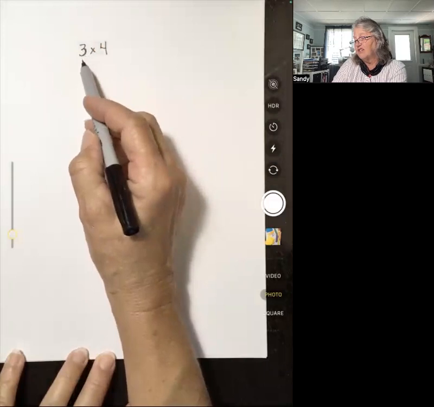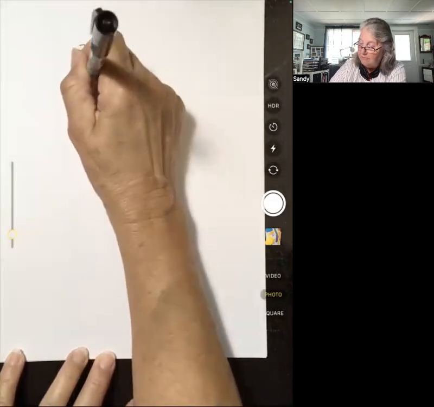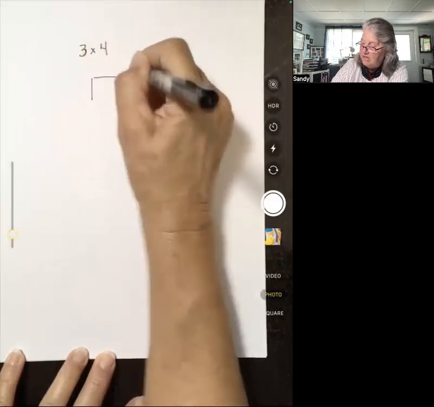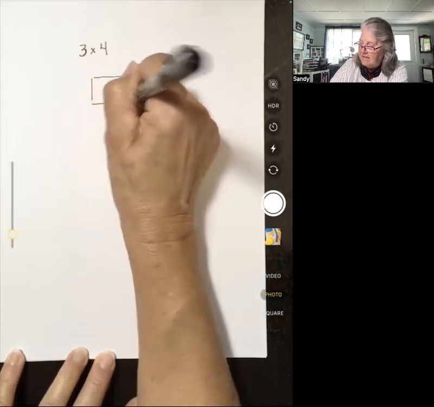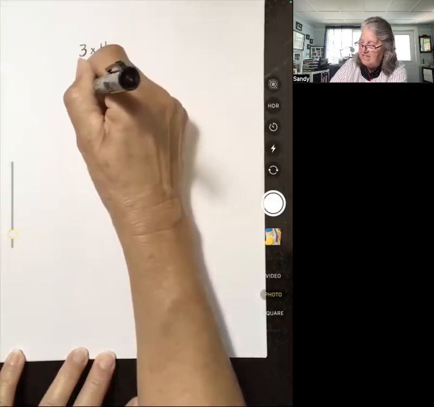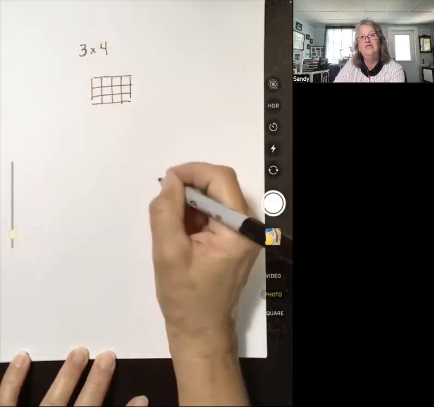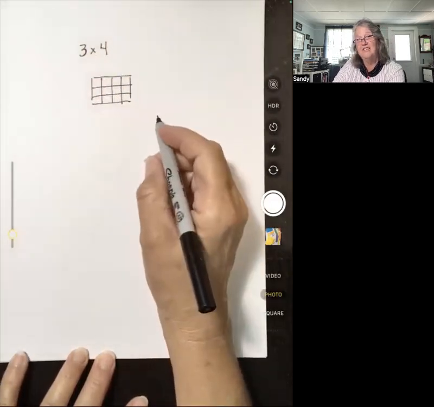We could think of it as 3 rows of 4, but in area, we tend to read this as 3 by 4. And your children may be using grid paper, and they may actually be seeing all these squares. And we're tying this to a 2-dimensional measure, area 2D, a square unit measure.